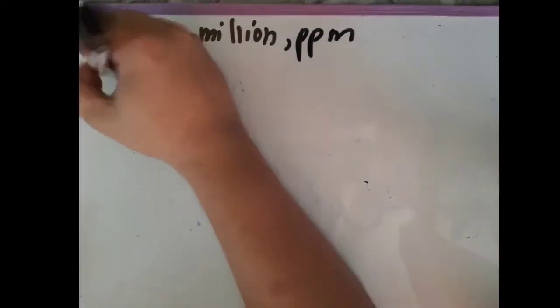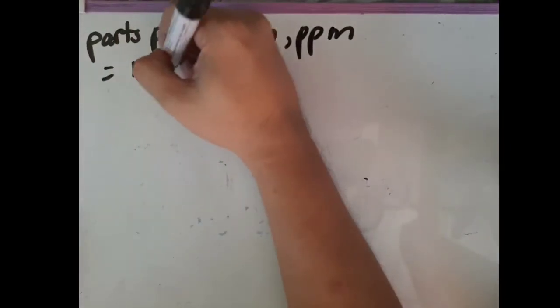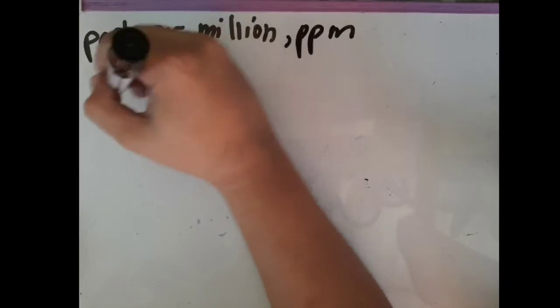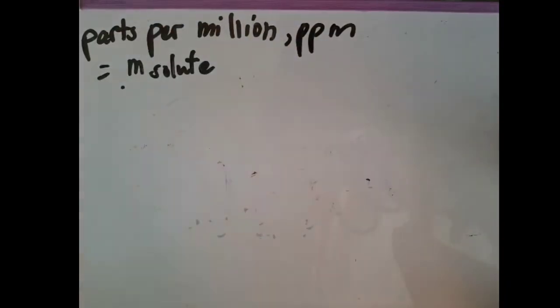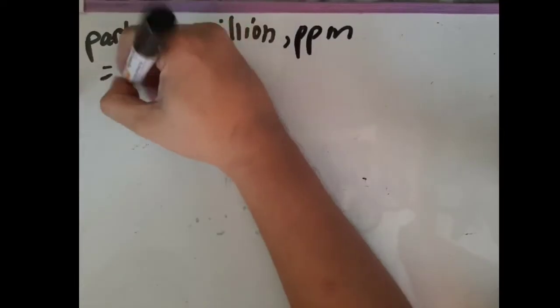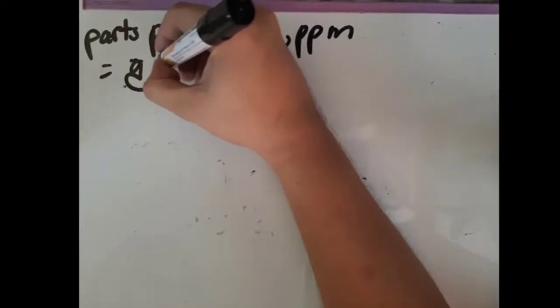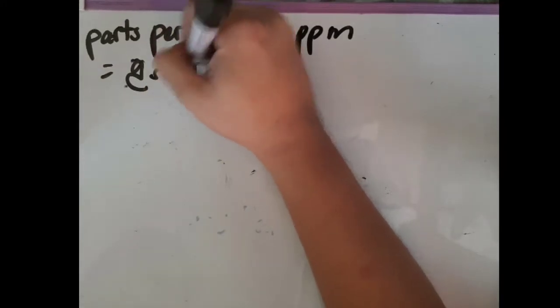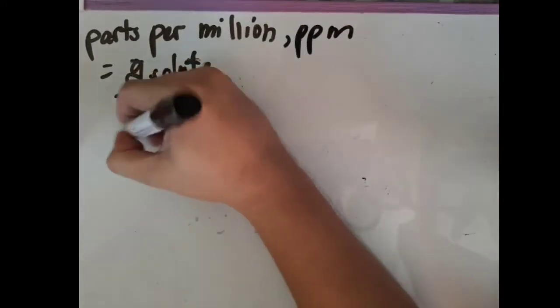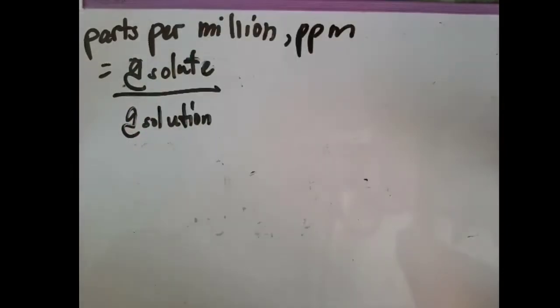Parts per million is the mass of the solute, or rather, to be specific, the grams. Remember, it's grams, not any other unit of mass, of the solute divided by the grams of the solution or mixture.